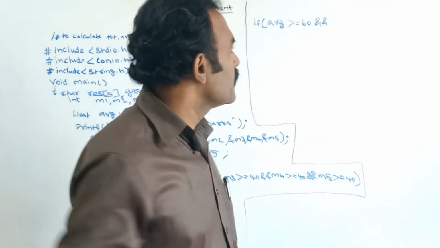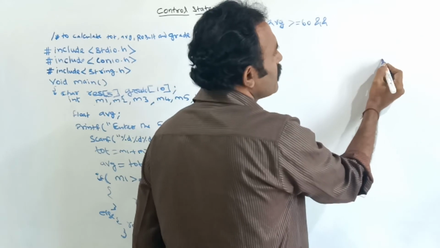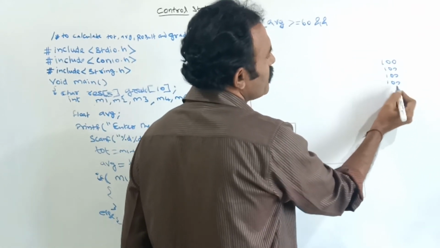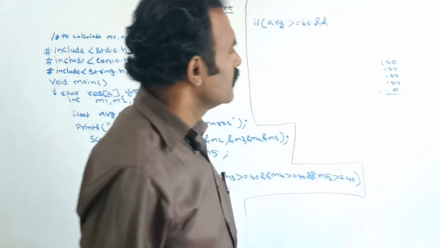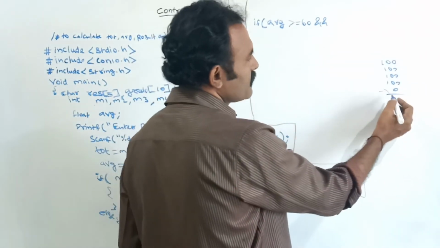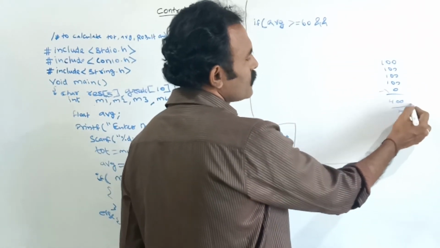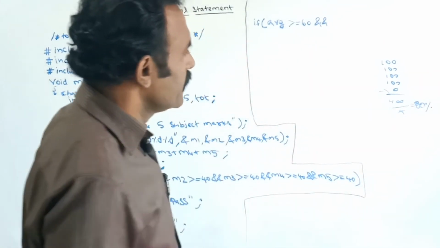Why I am telling this: see, out of 5 subjects, if a student gets 100, 100, 100, totally 4 subjects 100 marks, and in the 5th subject gets 0 mark, then total marks, how much is it? 400. The average is divided by 5, so the percentage is 80%.